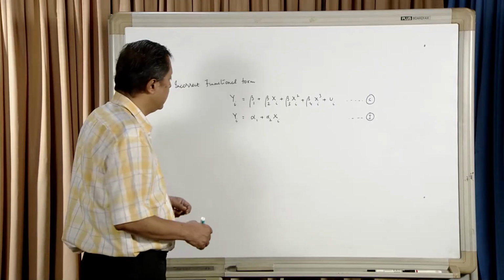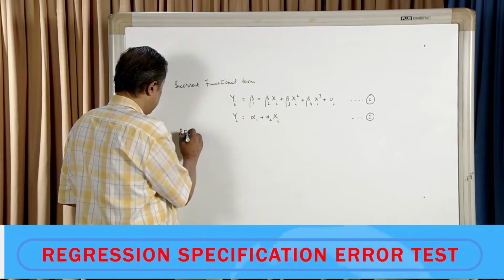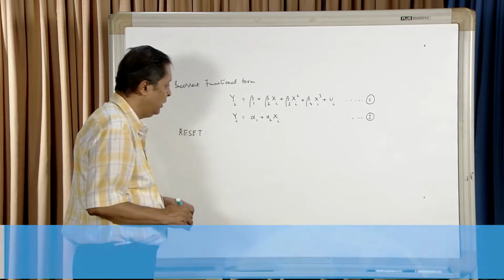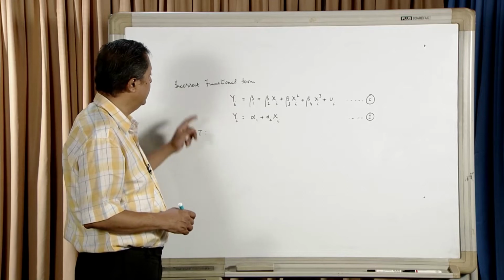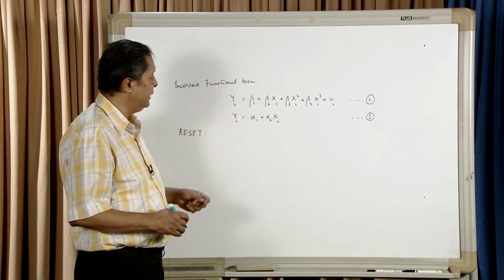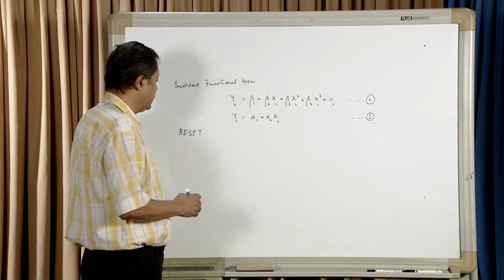And now we will discuss a test called regression specification error test. This test will help us to understand whether actually the functional form that has been taken is incorrect. So, let us look at the steps of this test.